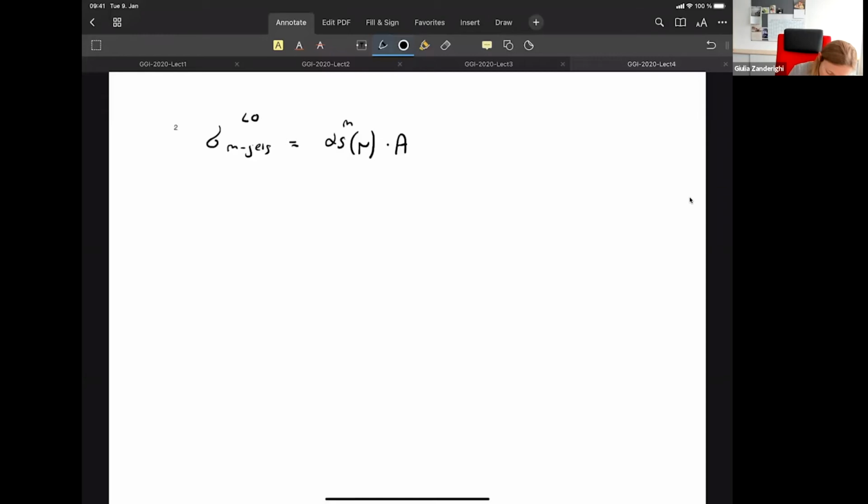And this is also what I told you already. The same cross section at leading order, both expressions.